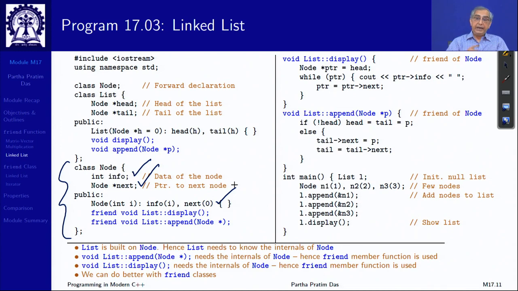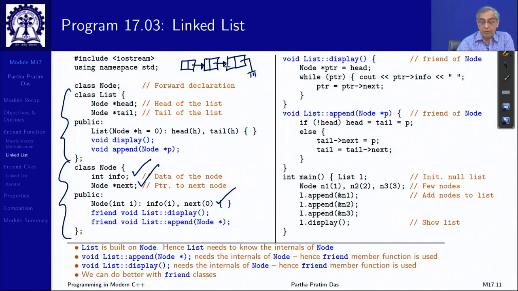Now, I need another class which is the list itself, which is the list of nodes. Right? So, I have a list class which actually has two pointers. So it is like this, say this is my list.